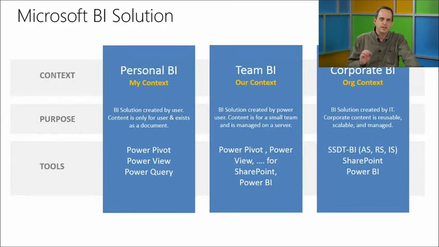It exists in a document typically, and it stays on my machine. It's created by me, and it's for me. Maybe I'm exploring or trying to understand the details behind some numbers. Business intelligence can mean a lot of things, but if I'm trying to explore, understand and document, that's what personal BI is about. I might give it to my boss.